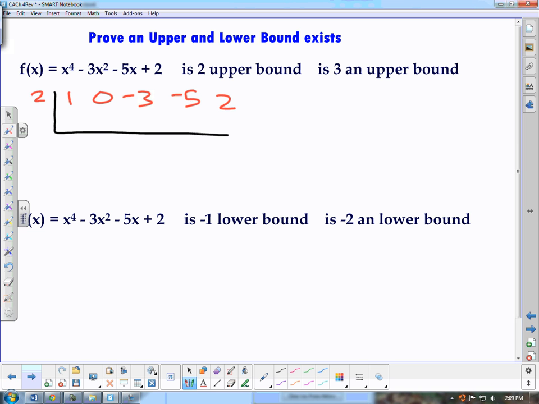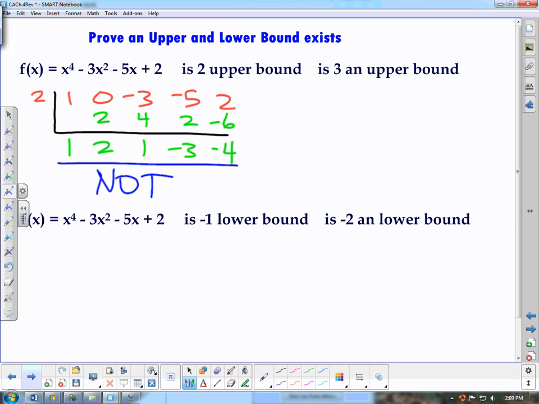And so now, going through this process, you get 1, 2, 2, 4, 1, 2, negative 3, and negative 6, and negative 4. This would not be an upper bound because not all of those are positive.